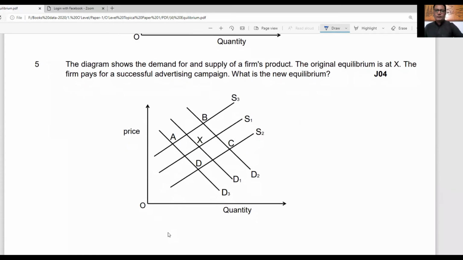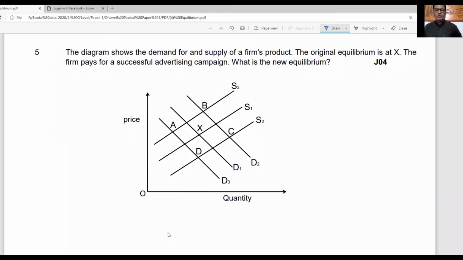This is the question for discussion now. Question number 5, you can stop the video and you can try to answer it. If you could not do that, then you can see the explanation. So question number 5 is, the diagram shows the demand for and supply of a product. The original equilibrium is at X. It means that this is the initial equilibrium. So initial supply curve will be S1 and demand will be D1.